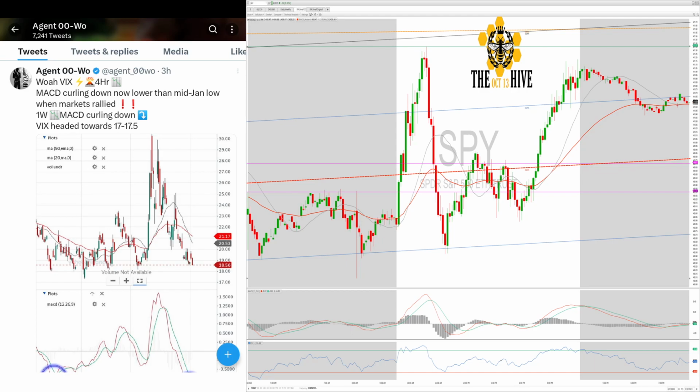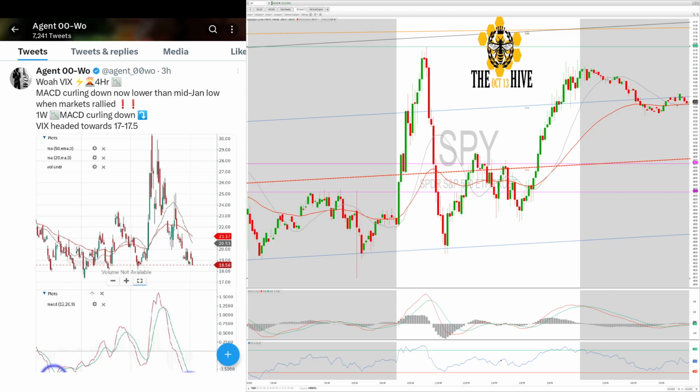Anytime, especially the 4-hour. You remember three weeks ago, I quoted the SPY futures 4-hour, and I said the bear line on the 4-hour is negative 35. Remember that?